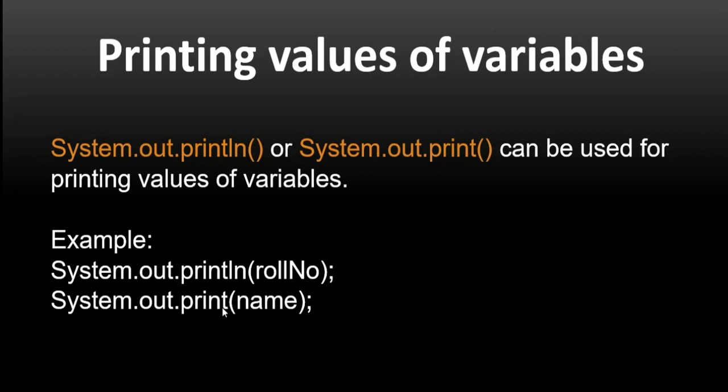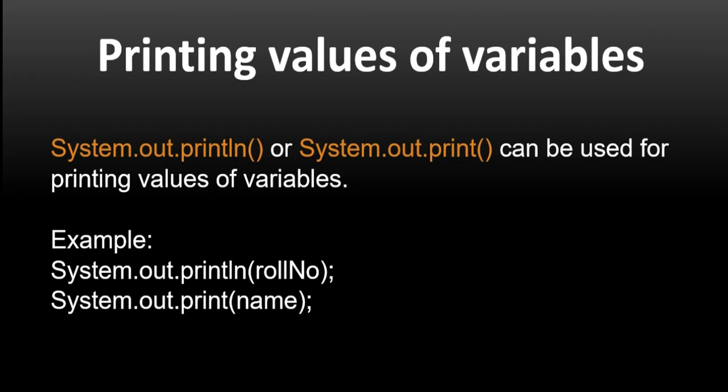The print method is going to print your data and your cursor will stay on the same line. Unlike C where we were using %d, %f and so on for printing the value of a variable, in Java we don't have to use all that. We can directly write the variable in System.out.println and we can print the values of a variable.